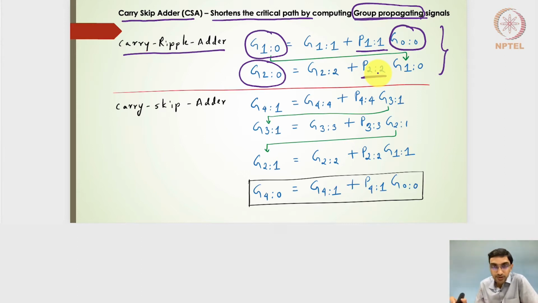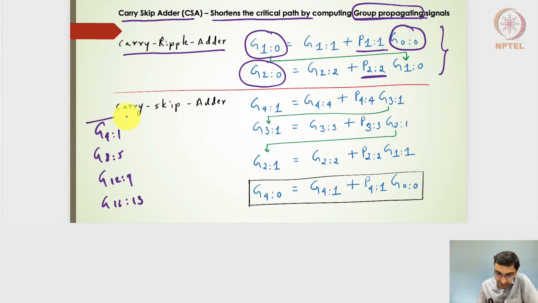And how are we going to do that? We'll write the expression for a 16-bit addition. We will try to find out G4 is to 1. We'll try to find out 8 is to 5. We'll try to find out 12 is to 9. We'll try to find out 16 is to 13. Once we have all these, the groups of 4 bits, so we have done 4 groups, each individual group having 4 bits.